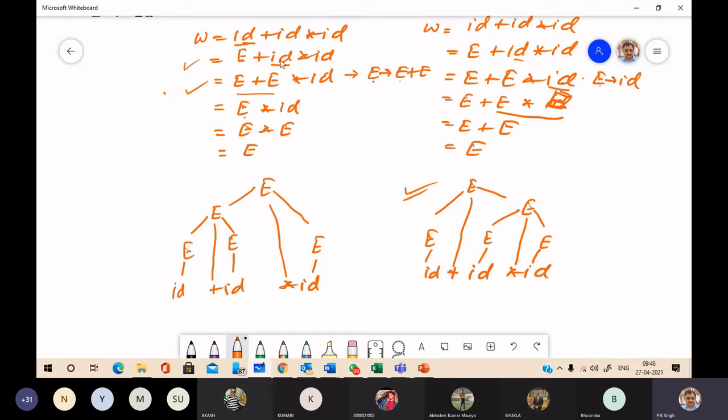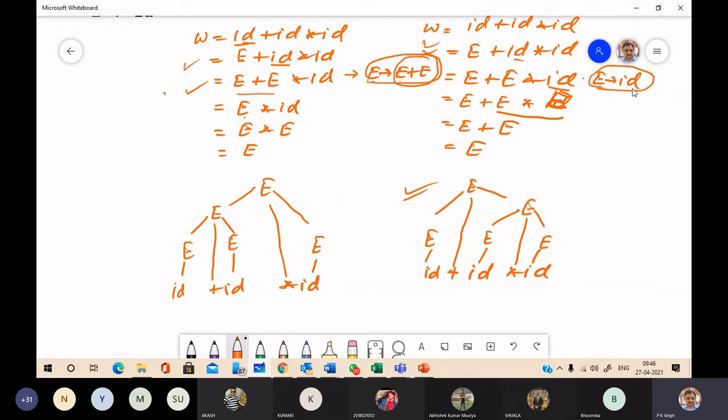The first reduction is wrong. This is the correct one. Where we have committed the mistake is that we considered this replacement of E plus E to E by E. At this very junction, this is not the handle. At this very junction, the handle is this.